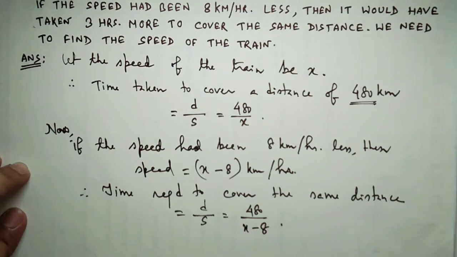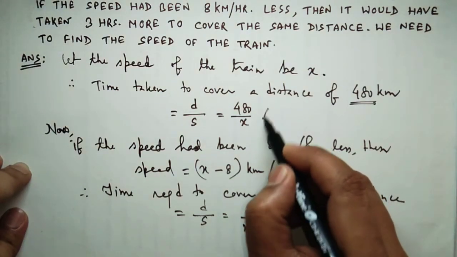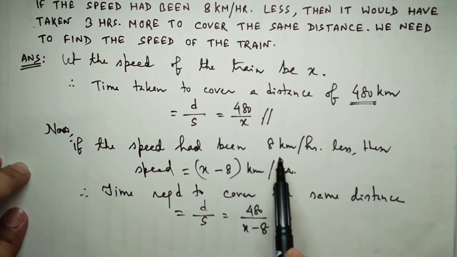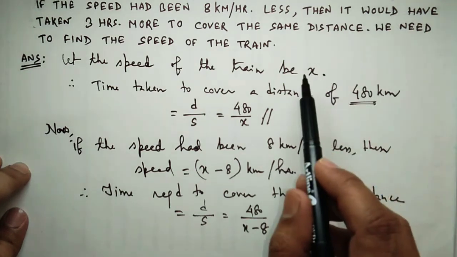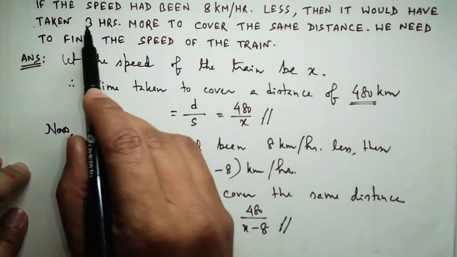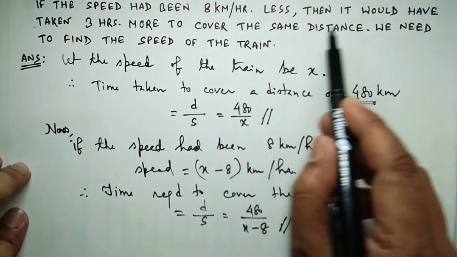Understood? Now see, you now have two different times. One is 480 by x and the other is 480 by x minus 8. It is given that while traveling with a speed which is 8 km per hour less than the original speed, it would have taken 3 hours more to cover the same distance.